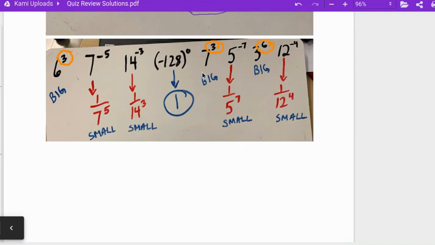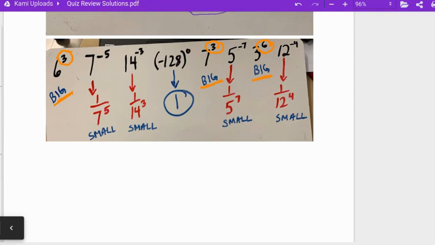And I know that all of these powers are going to be big. 6 times 6 times 6, that's going to be big. 7 times 7 times 7, that's going to be even bigger than that. 3 times 3 times 3 times 3, 6 times, that's going to be big too. So those ones are going to be very large numbers.